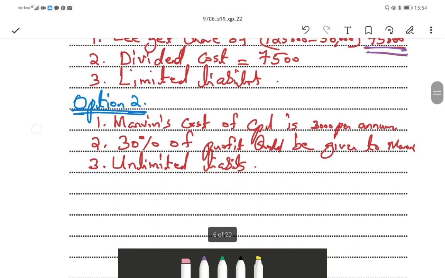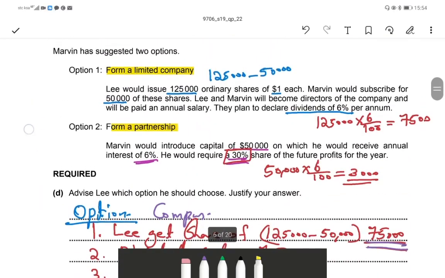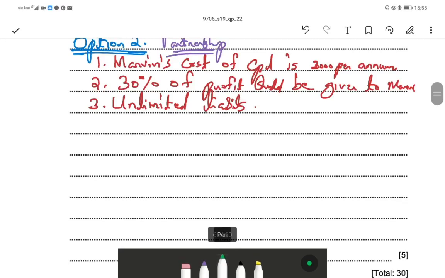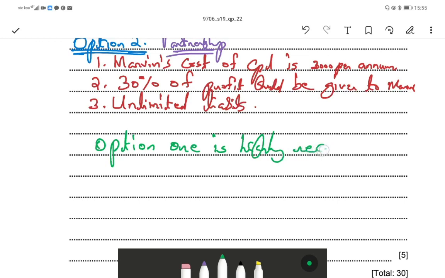But option 2, the partnership, has a cost of capital and unlimited liability. So now you have to give the recommendation. Which option do you recommend? Option 1 is the best, right? So option 1 is highly recommended.